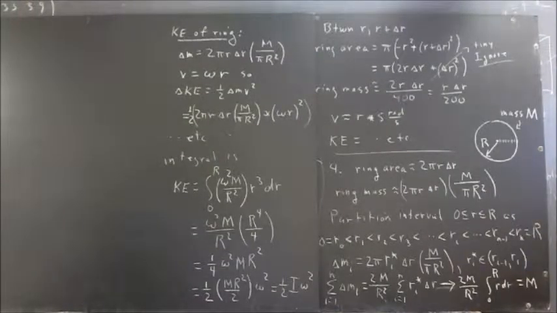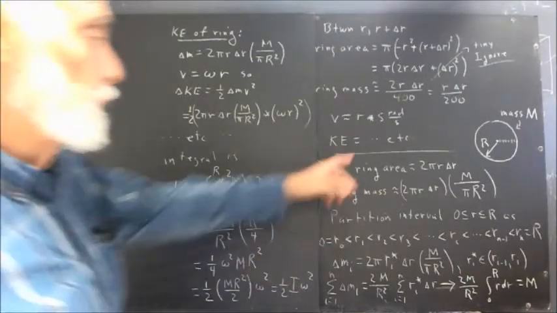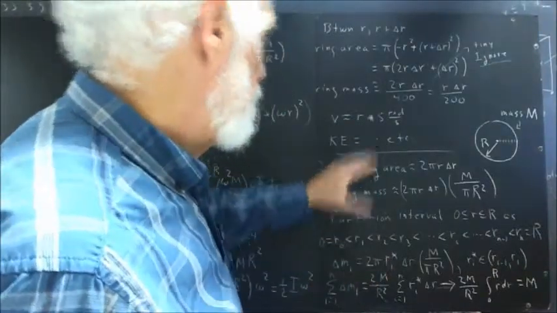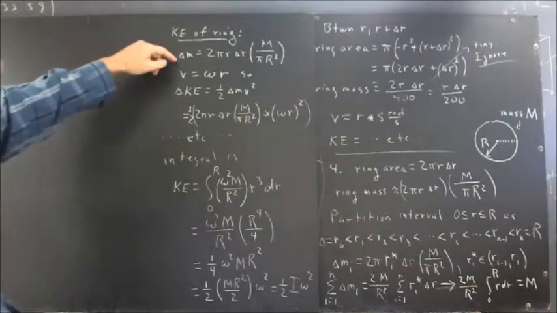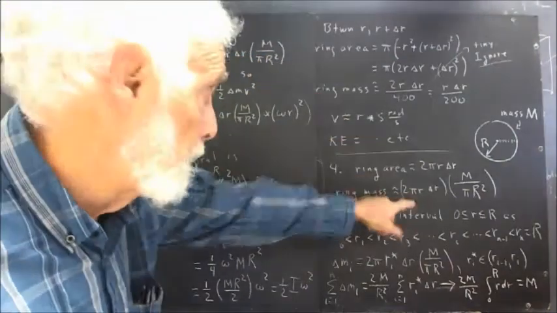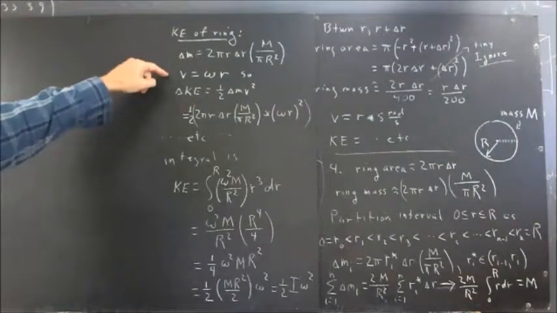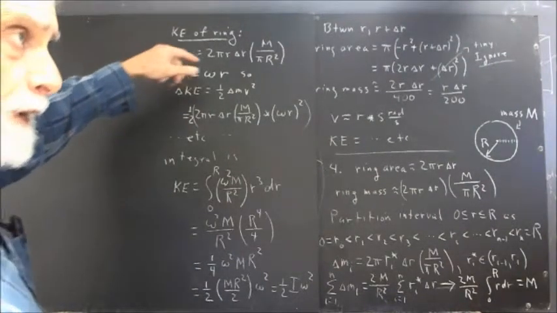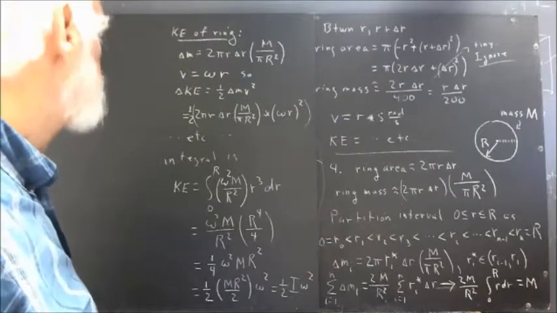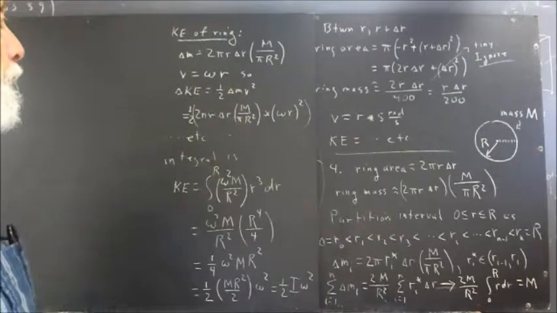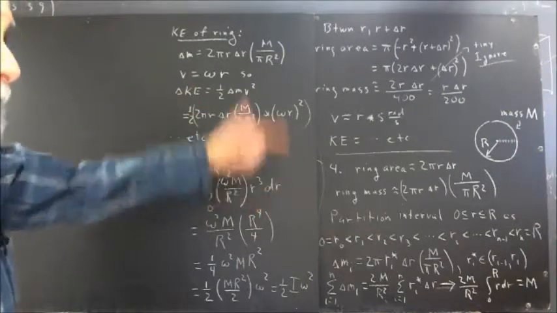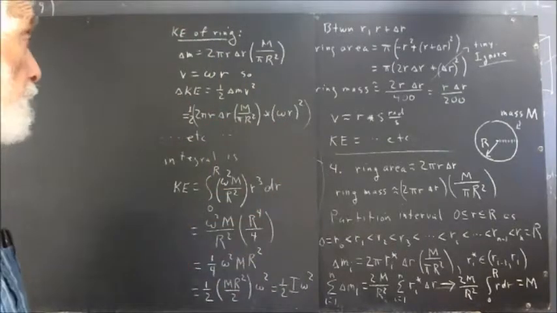To get the kinetic energy of our typical ring, the mass is just the same thing we had here. What's the velocity? The velocity of the ring, we multiply our angular velocity by our radius to get how fast the mass in that ring is actually moving.